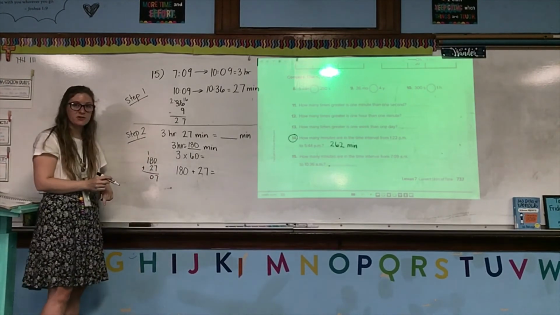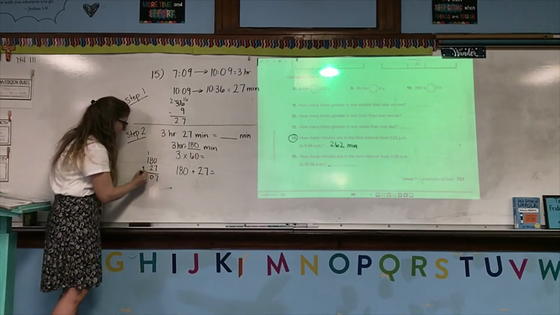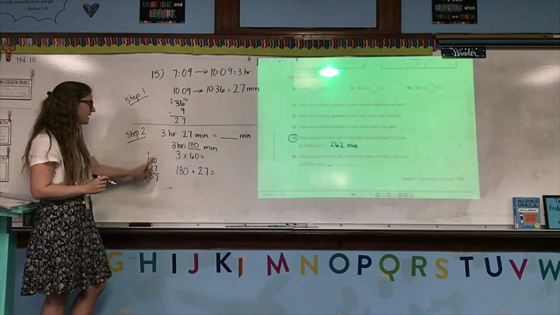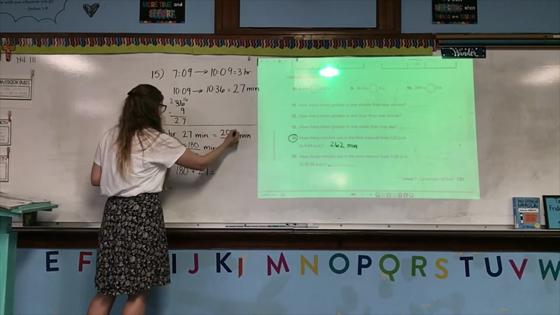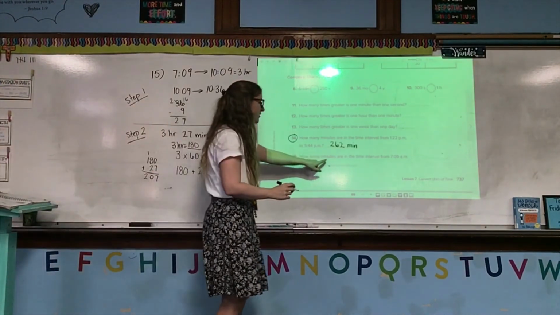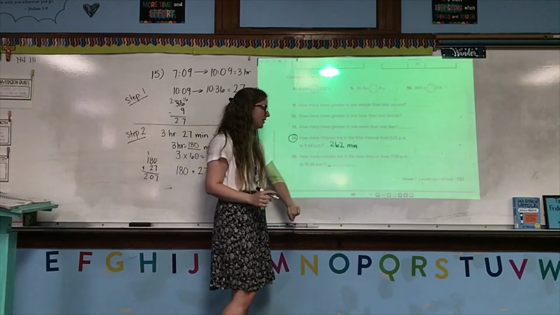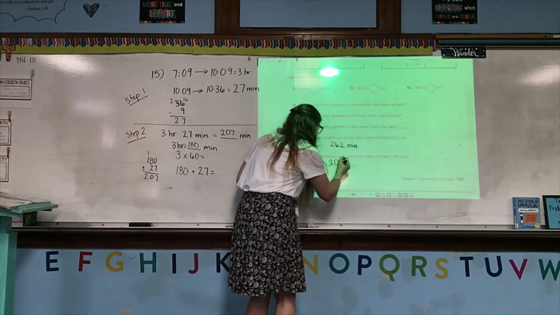Regroup the 1 to the hundreds place. 1 plus nothing is 1. Plus 1 is 2, which means that 3 hours and 27 minutes is equal to 207 minutes. So, 207 minutes have passed in the time interval from 7:09 a.m. to 10:36 a.m.